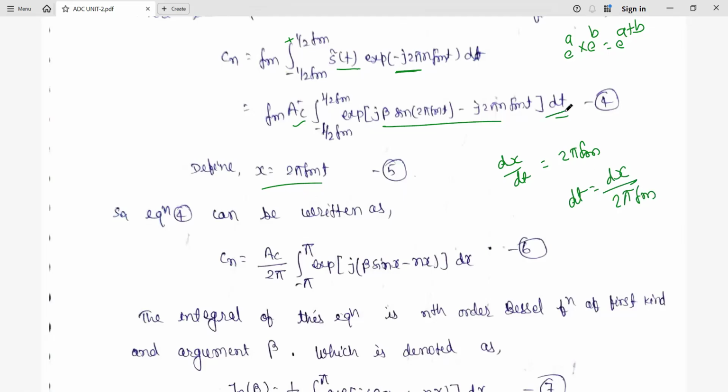That's why in place of dt, dx by 2 pi fm is written, and in place of 2 pi fmt, x is written. So this fm gets cancelled, and here we have 2 pi.